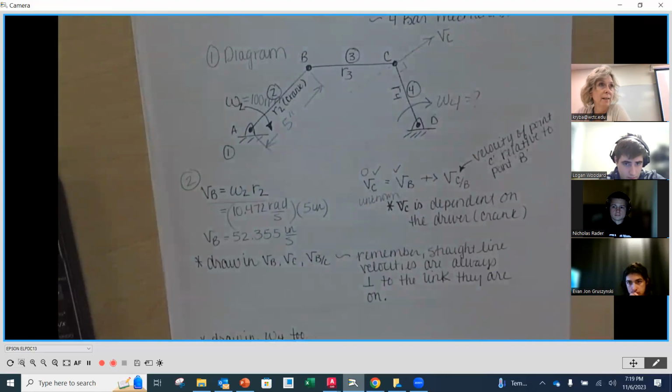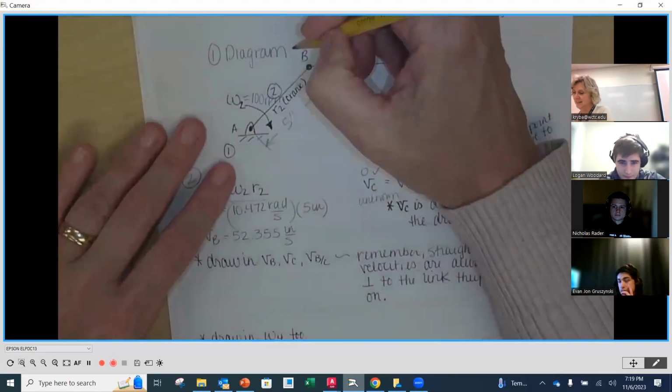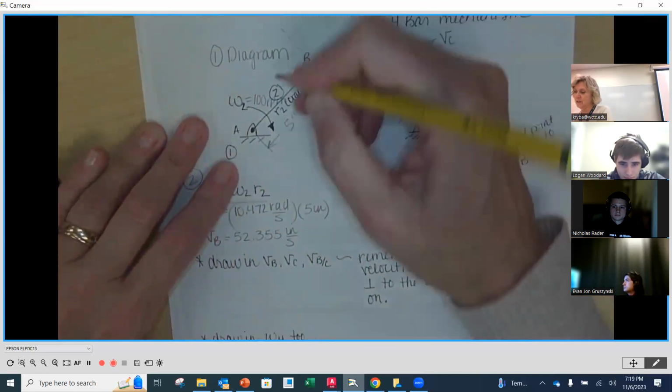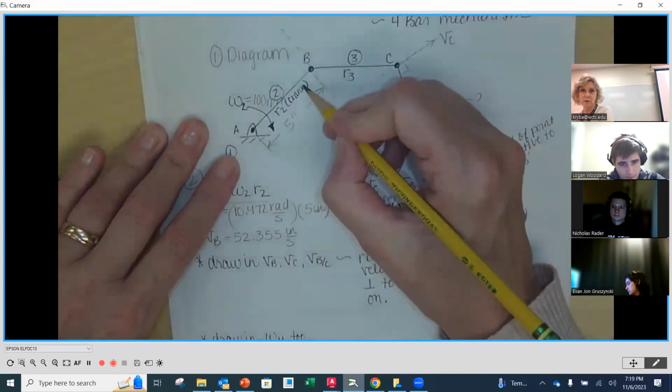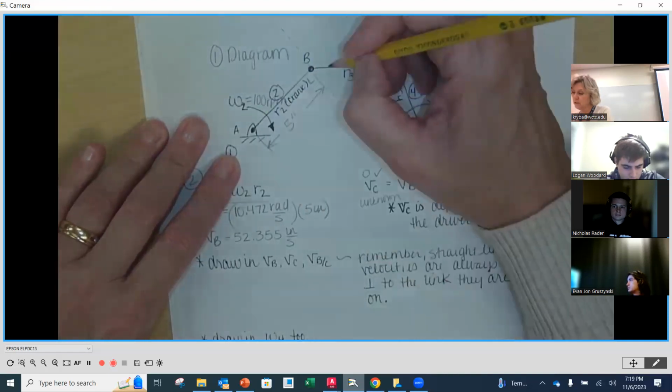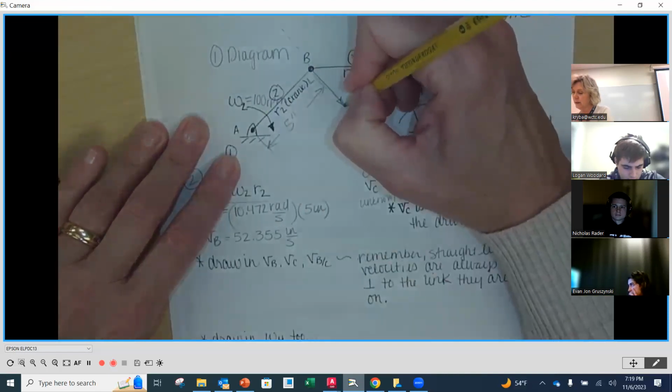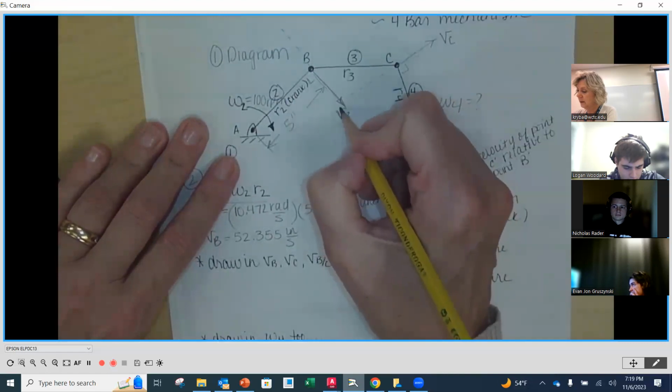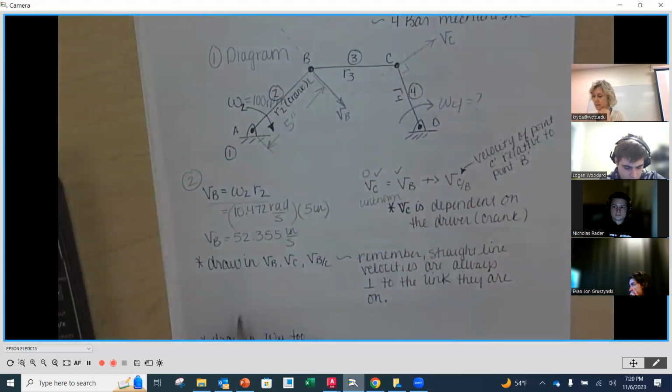VB is going to be in a straight line, perpendicular to the radius back to the center of rotation. So this is going to be a 90-degree angle. And because this is going in a clockwise direction, it's going down and to the right. Velocity of B, and its magnitude is 52.355. You see that? So good.